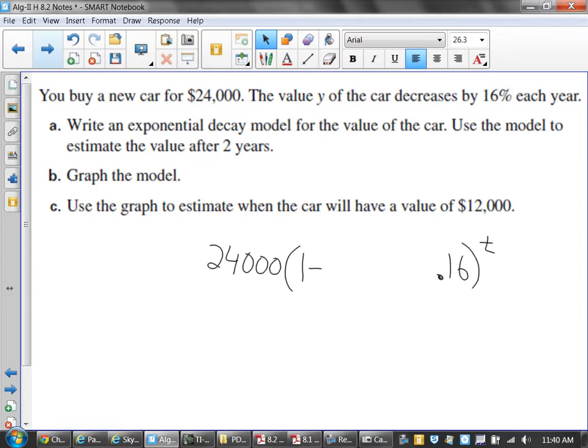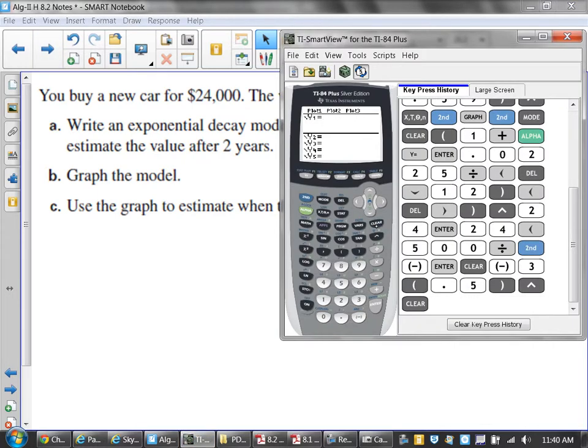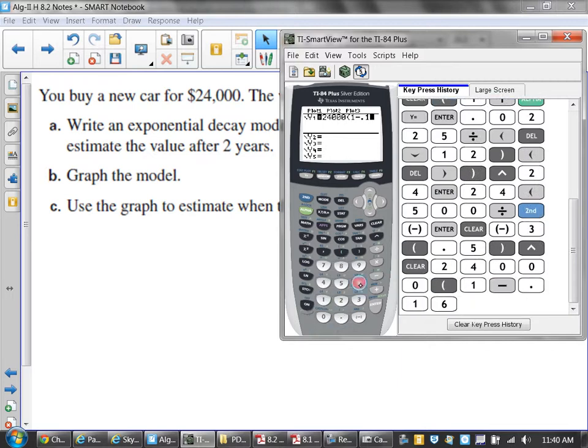In this example, what I'm going to do is show you guys how to do this all via your calculator. So open your calculator back up here, and we have y equals 24,000, parentheses, 1 minus 0.16, close it, to the... I'm going to change my value of t because I'm going to look at my table.